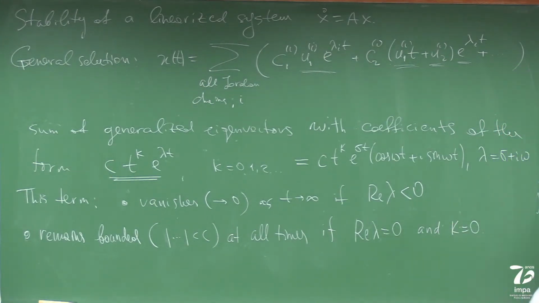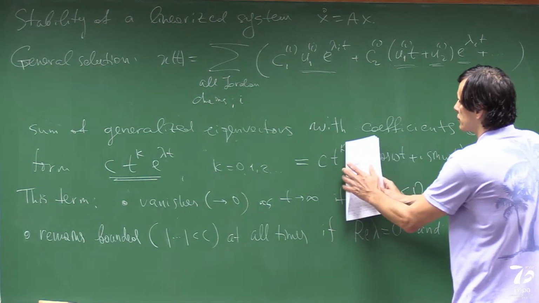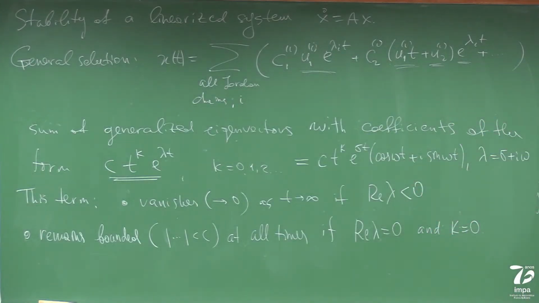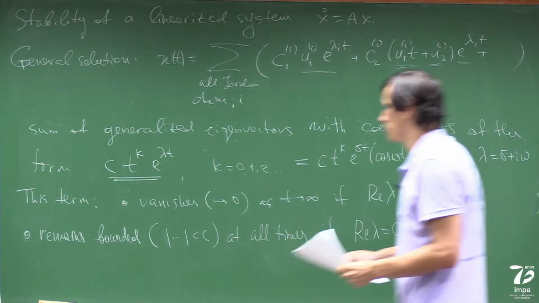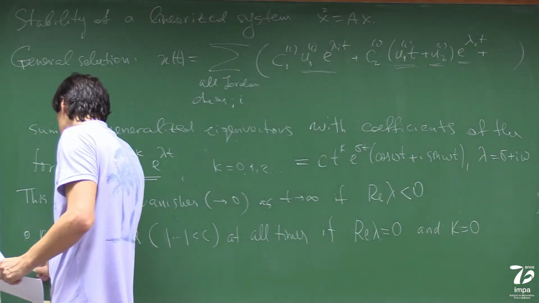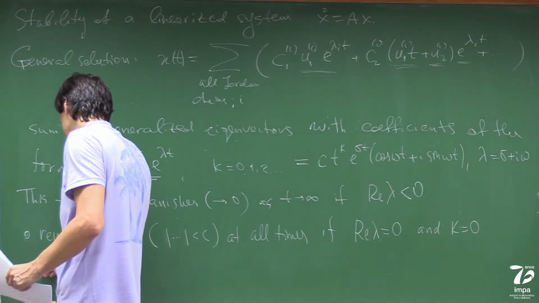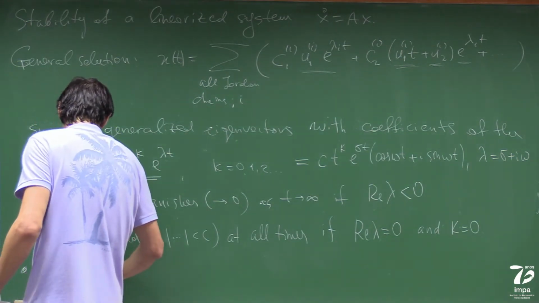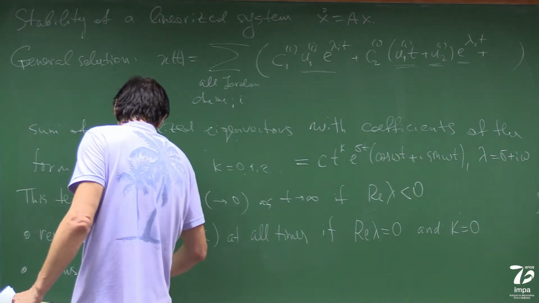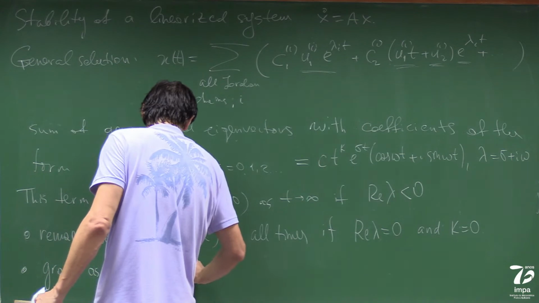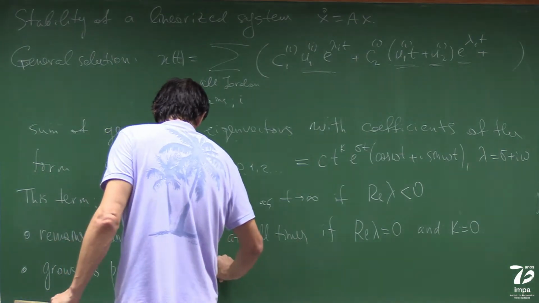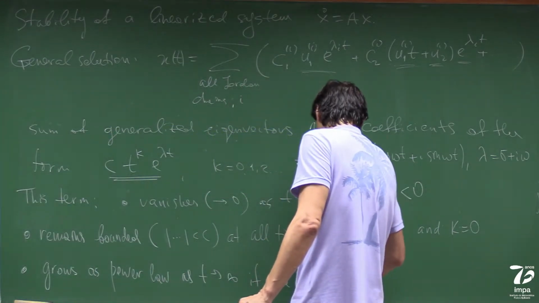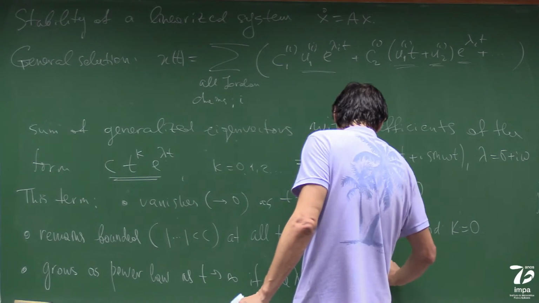In this case the prefactor disappears and we have just oscillations. The next option is that this term grows as a power law at large times, if the real part of lambda is 0 and k is bigger than 0.